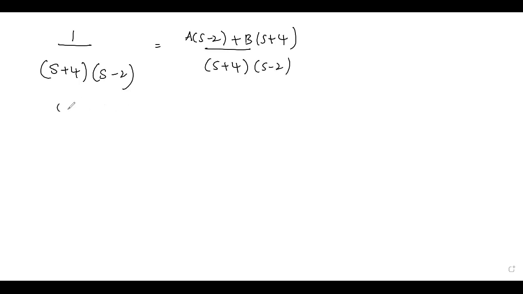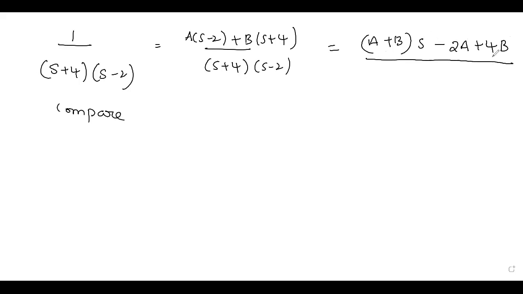Now compare the numerator s coefficients first, because we can write it as (A plus B) into s minus 2A plus 4B in the numerator. Is any s coefficient there on this side? No s coefficient is there.